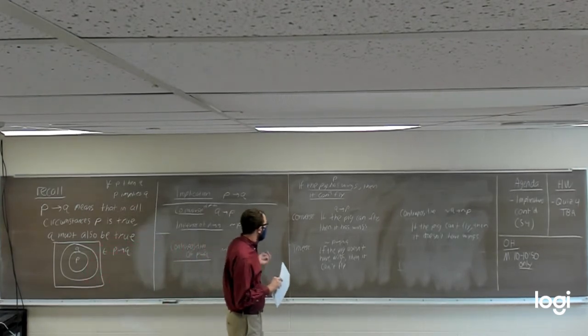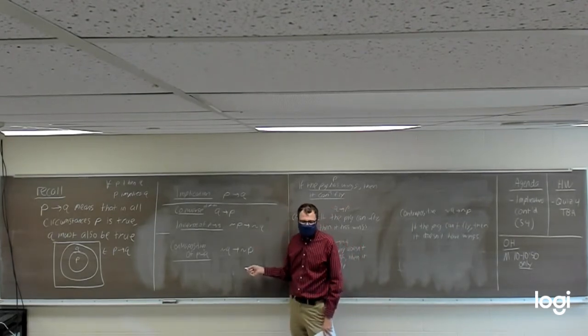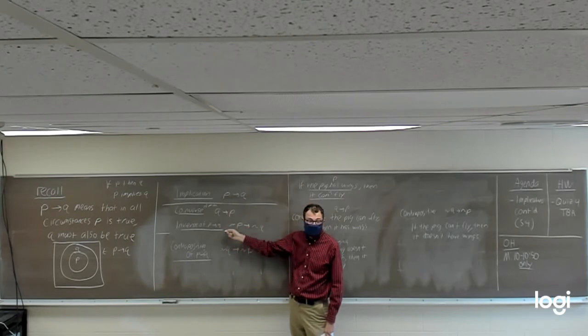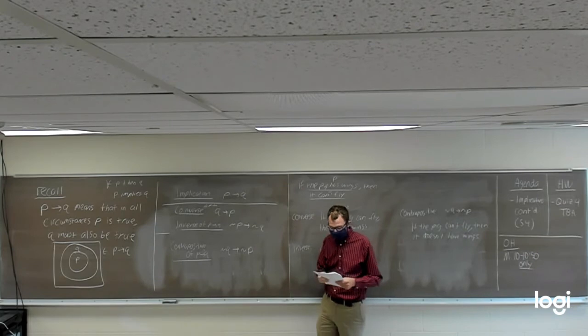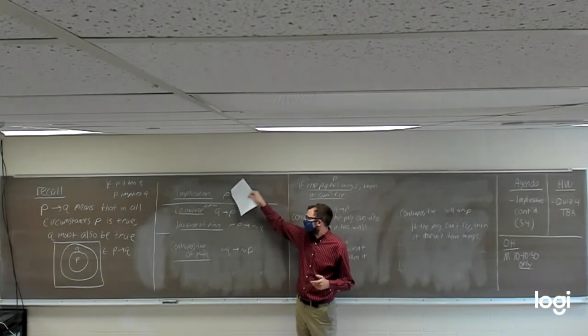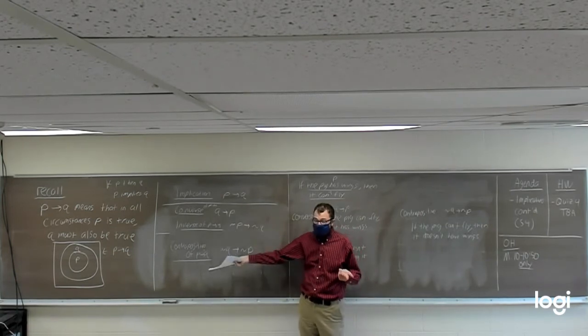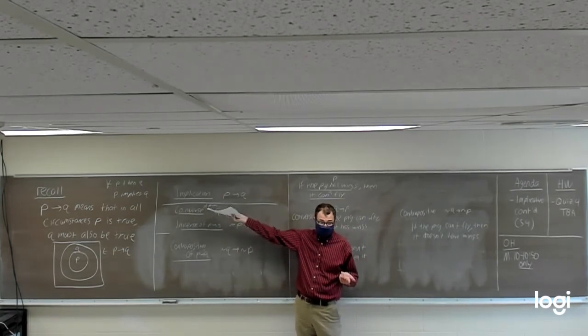And to do that, I want you to try negating each of these four. So here I'm on the last page of the packet. I want you to try negating each of these four statements and see which one of these three has a negation that's logically equivalent to the original statement.